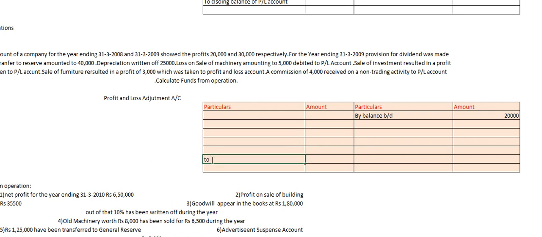To balance carried down, the amount is 30,000, which is your closing balance.